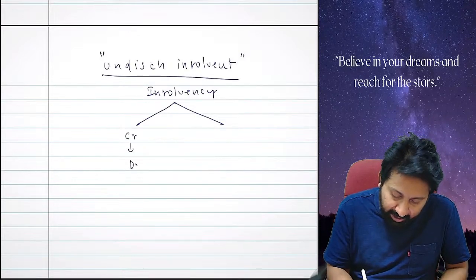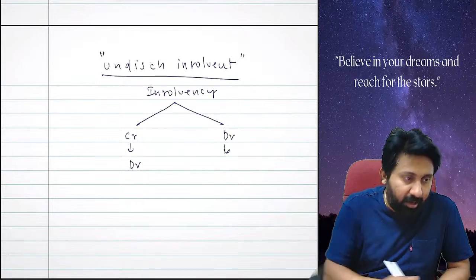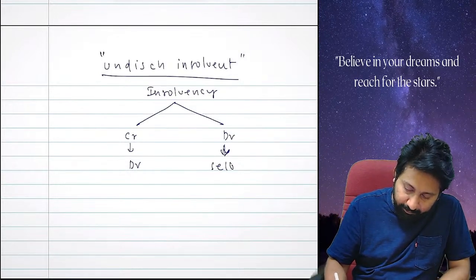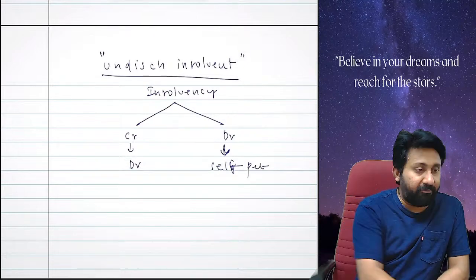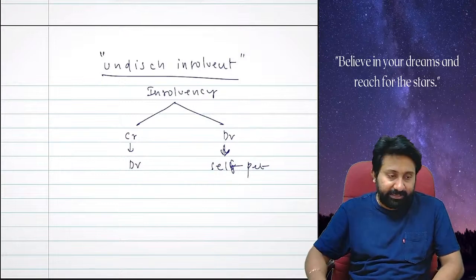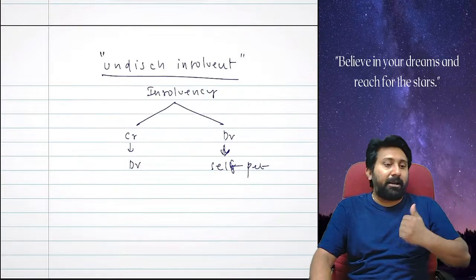Creditors filing a complaint against a debtor, and debtor filing a self-petition. There are two kinds of insolvencies, very popular two ways. Number one, the creditor will file a complaint against the debtor.